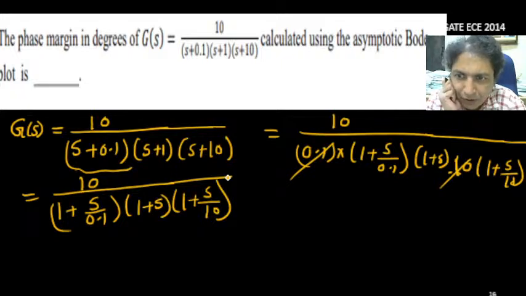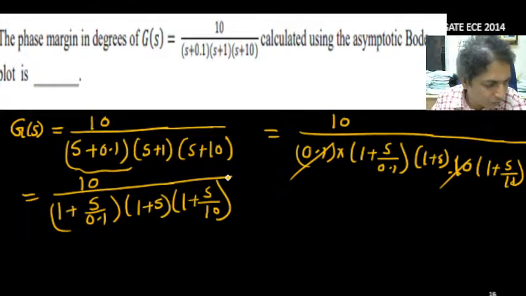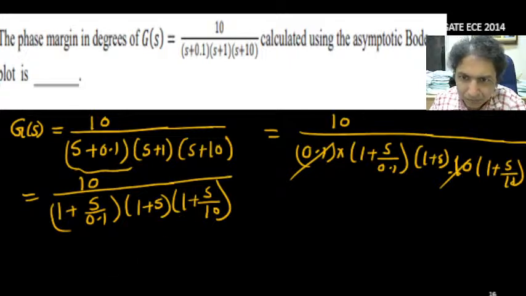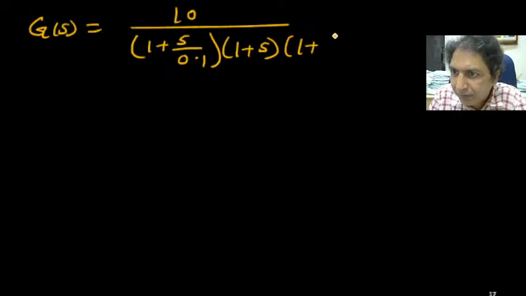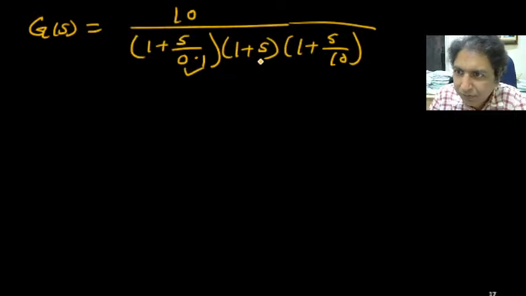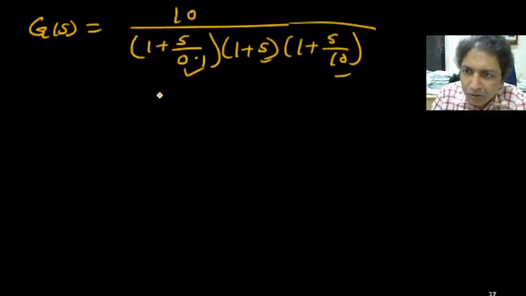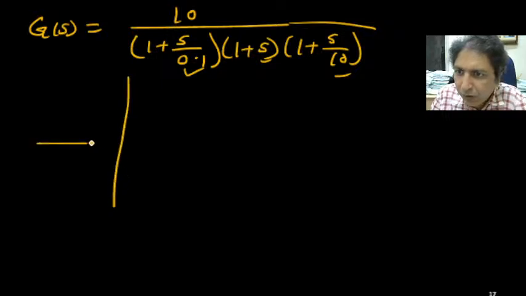Now can you draw the Bode plot for this one? So how to draw the Bode plot? G(s) I write again, it is 10 over (1 plus s by 0.1)(1 plus s)(1 plus s by 10). So these are the corner frequencies. I will draw both the magnitude and phase plot.